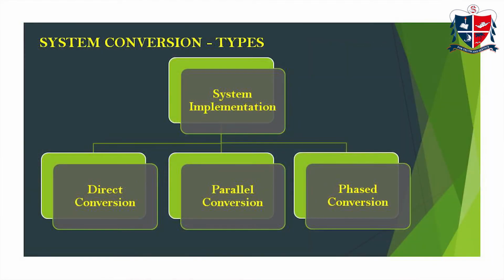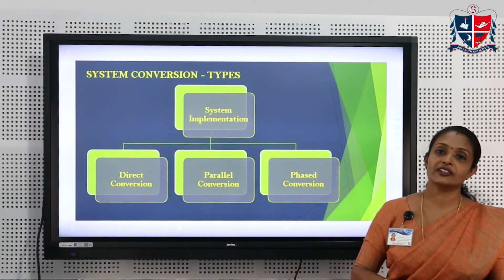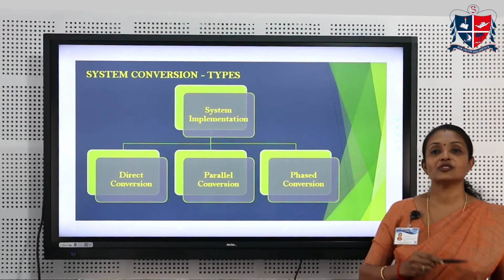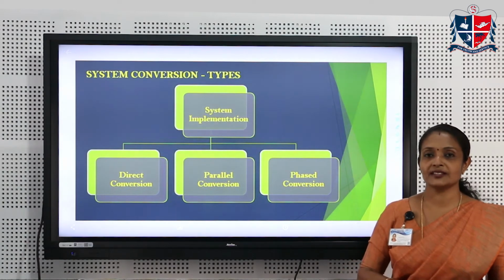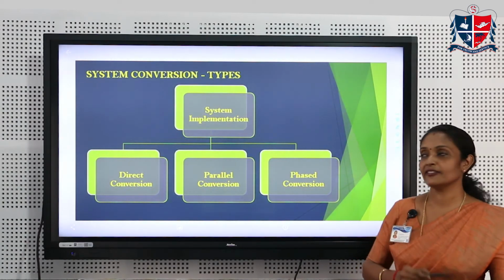And there are three types of system implementation. System implementation is also known as system conversion. That means we are actually converting from the existing system to the new computerized system. So we can install the software in three different ways.